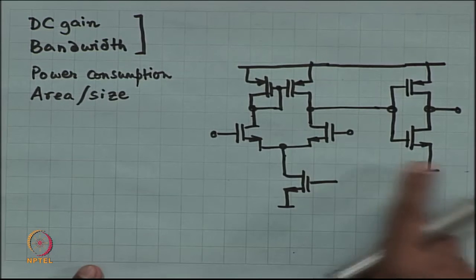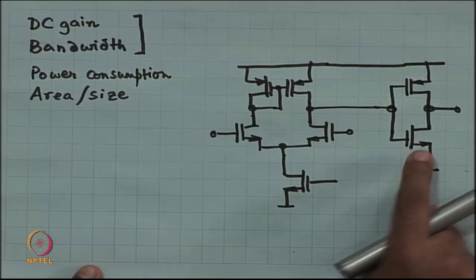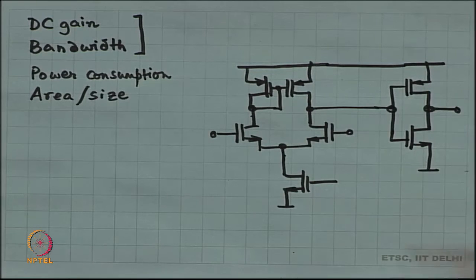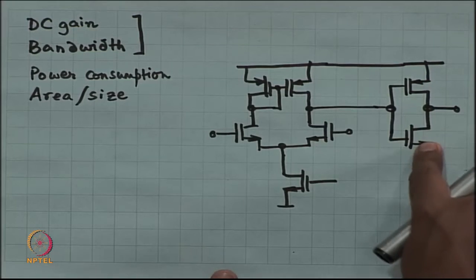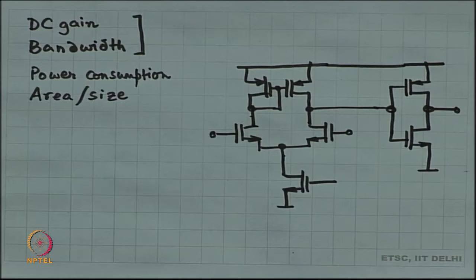Okay. The NMOS common source amplifier has a load which is a PMOS common source amplifier, right. The PMOS common source amplifier has a load which is an NMOS common source amplifier. All right, this actually works quite well.